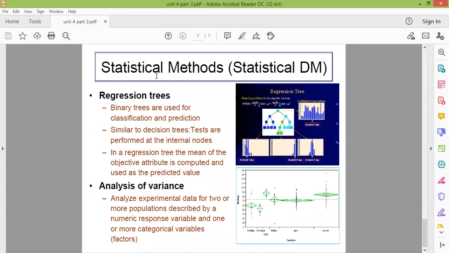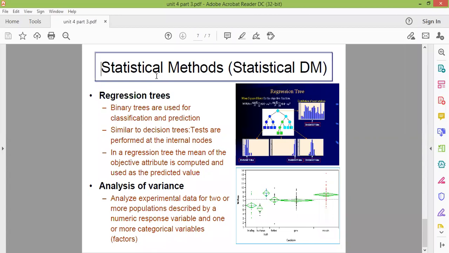Another method is the analysis of variance. Analysis of variance analyzes experimental data for two or more populations described by a numeric response variable and one or more categorical variables. Categorical variables here means factors, not numerical data.